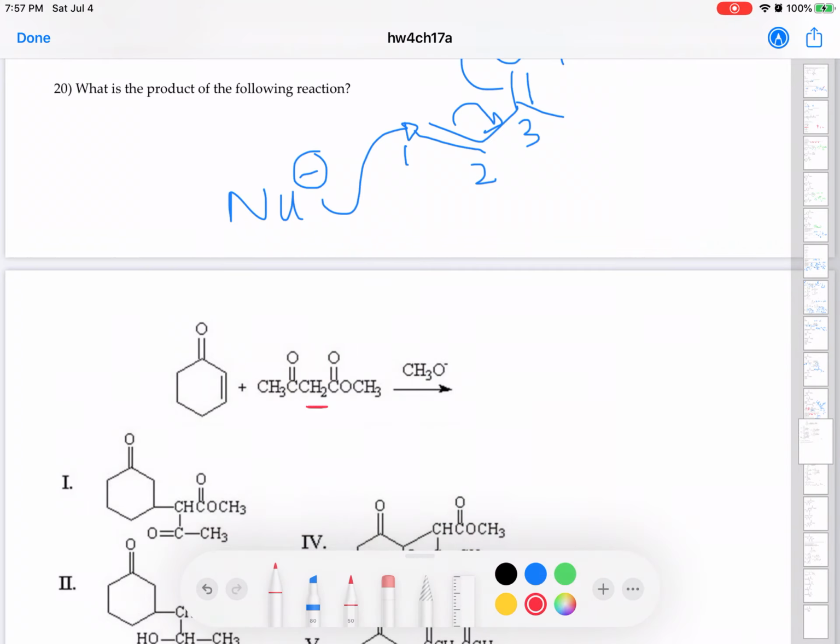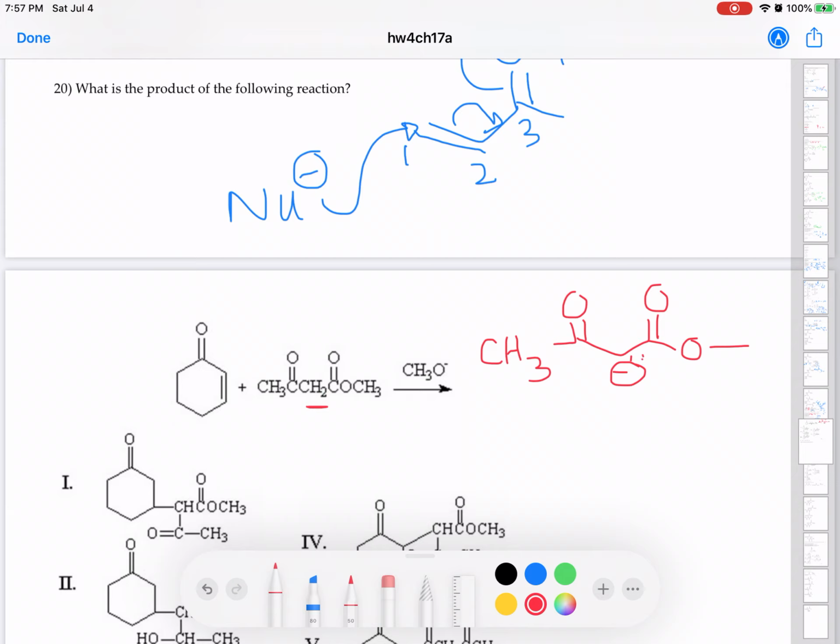This alpha hydrogen is the most acidic hydrogen. So you will form an enolate there, CO, CH2, CO, OCH3. So you're going to form a carbanion right there.